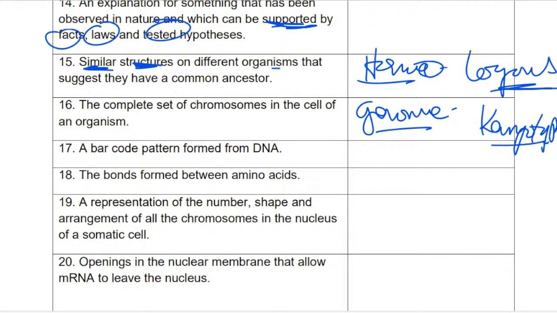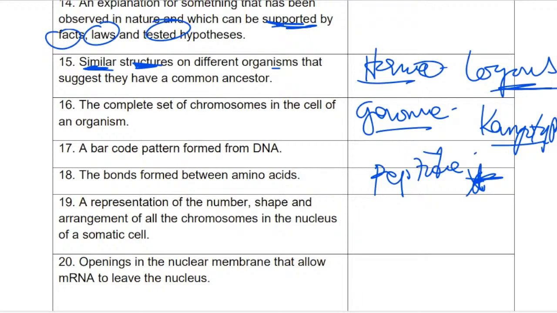A barcode pattern formed from DNA is a DNA profile. Then the bond formed between two amino acids. Guys, this bond is called the peptide bond. Please take note of this. We don't have what you call a polypeptide bond. It's a peptide bond. If there are many bonds, we call them peptide bonds. We only add the word polypeptide if we are talking about a chain.